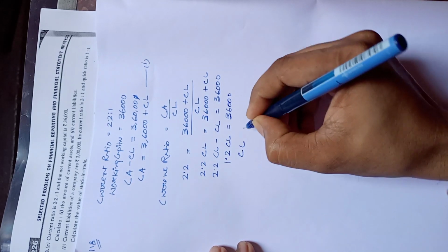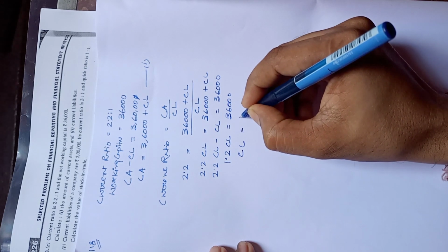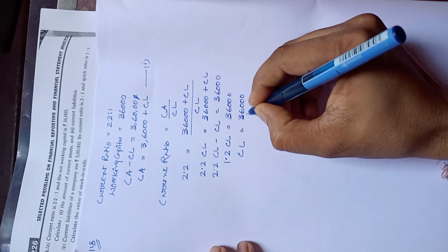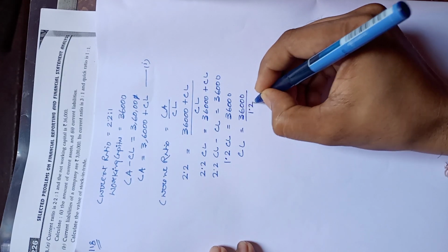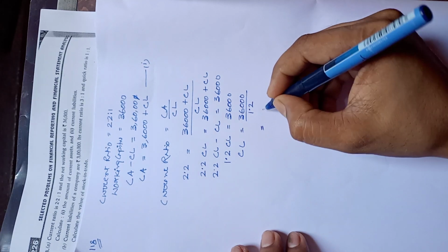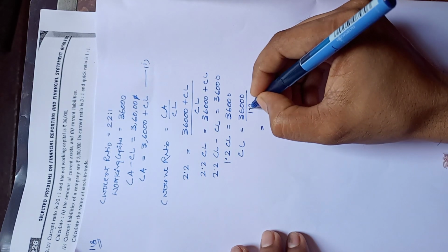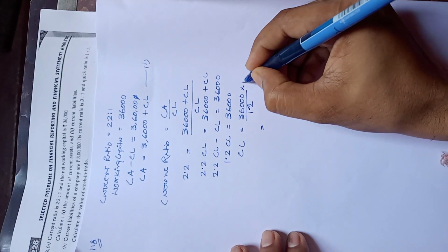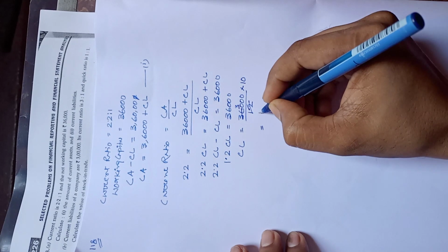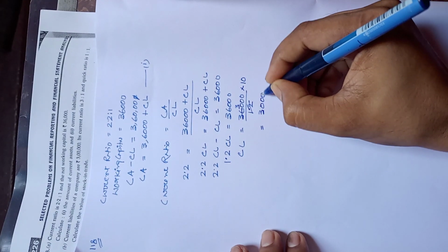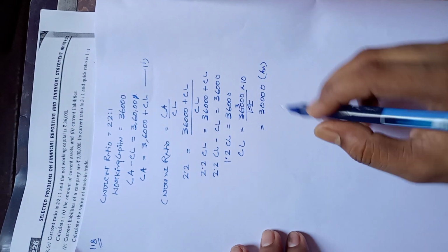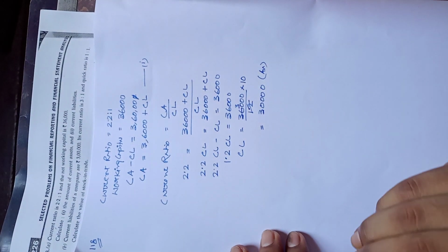So our current liabilities is 30,000. So one answer is fine, that is, the current liabilities is 30,000.